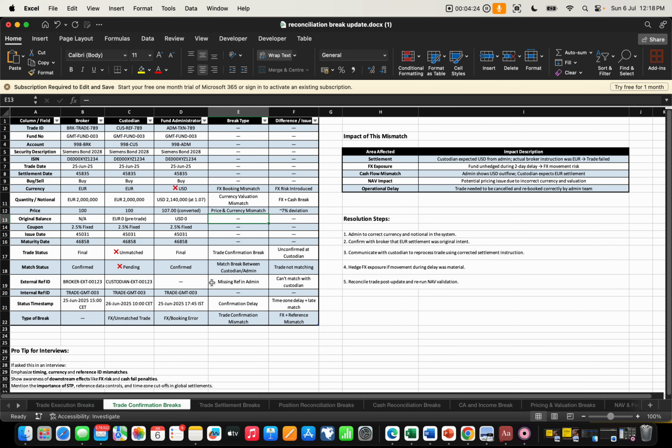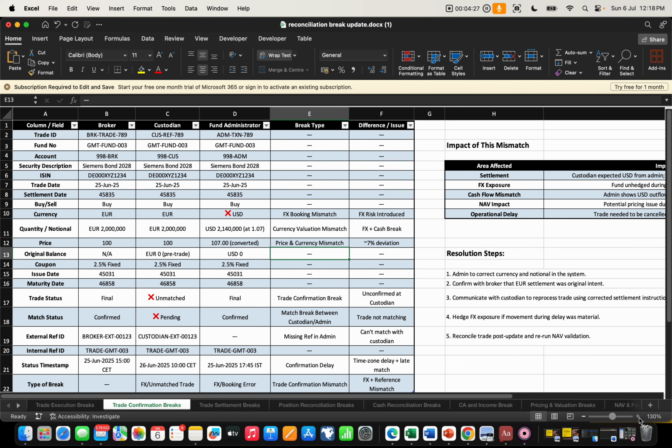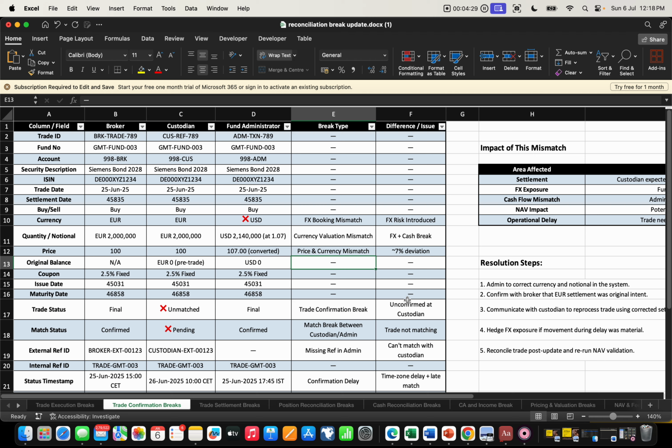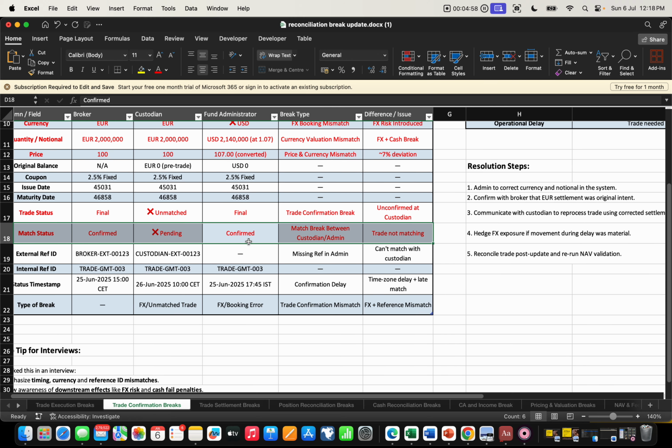Now we can see how this scenario looks in our reconciliation tool. In reconciliation you will see it like this. I want to highlight where you can see the discrepancy. You will see a discrepancy on the currency side, at quantity and notional, at price, trade status, match status, and external reference.